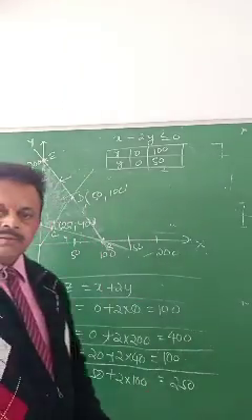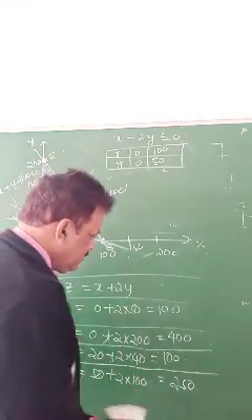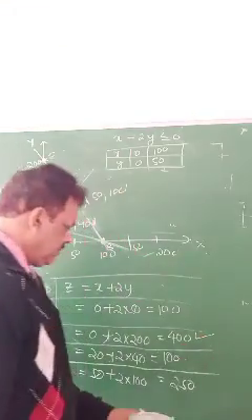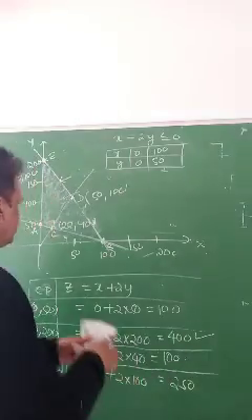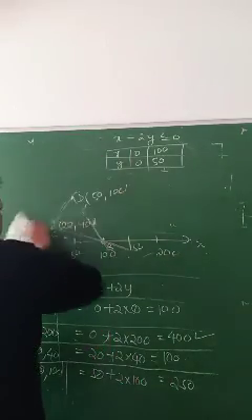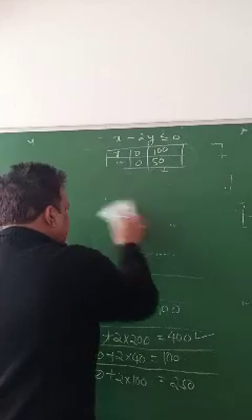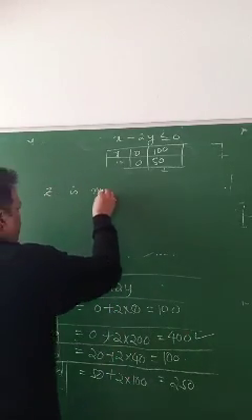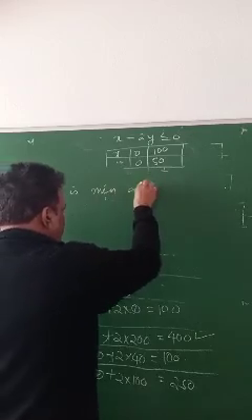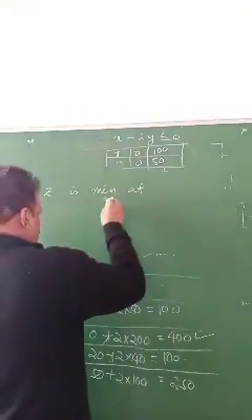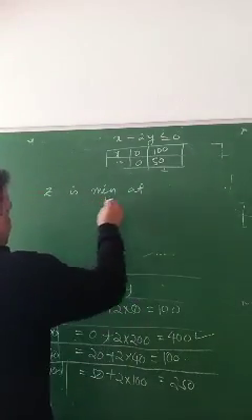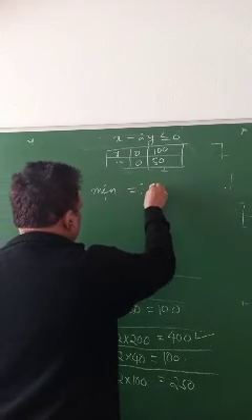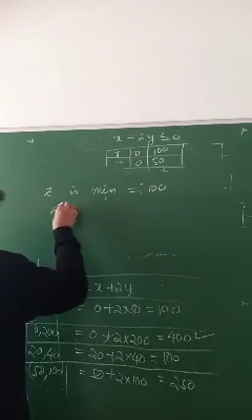Okay, I hope you can see now. This is your maximum, and the minimum is at 2 points. So Z is minimum, that is 100, at which point?